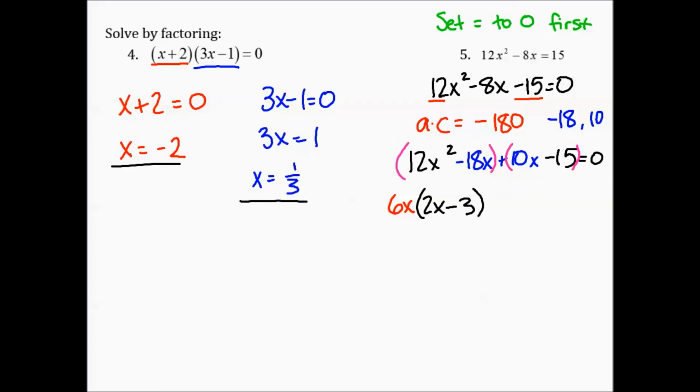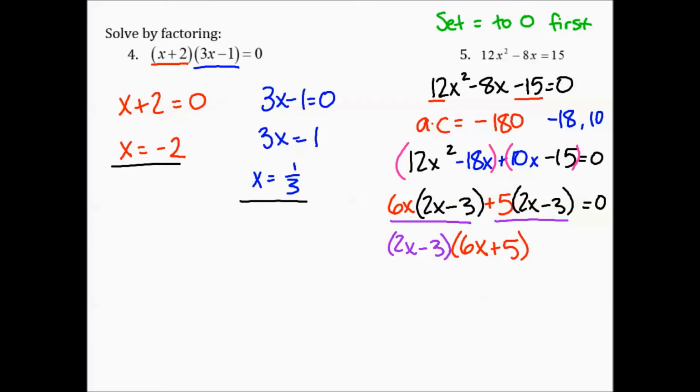When I factor the GCF out of the second set of parentheses, the GCF is 5. And I'm left with 2x minus 3. I then check the two terms to see what they have in common, which is 2x minus 3. When I take that out, I'm left with 6x plus 5. So I have now factored this trinomial.